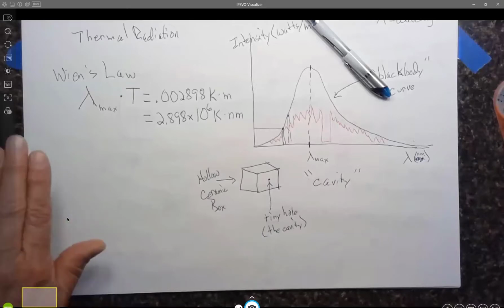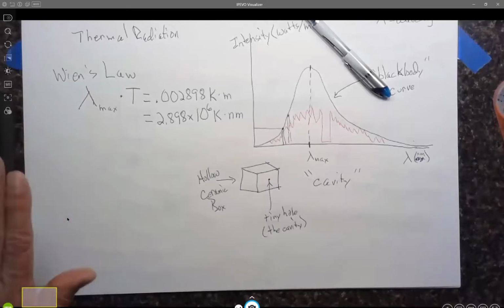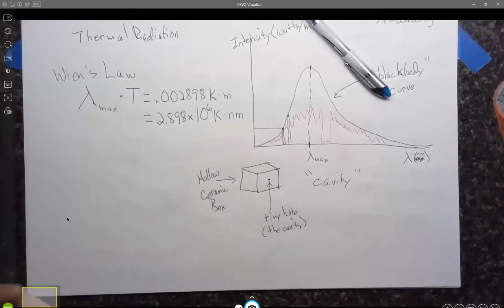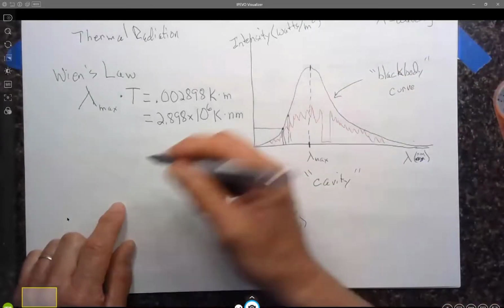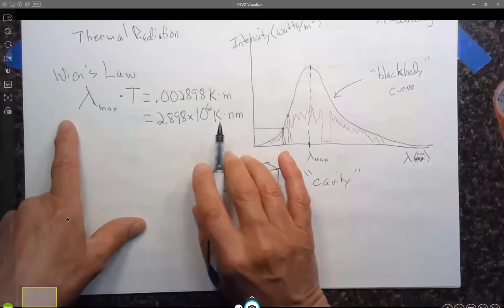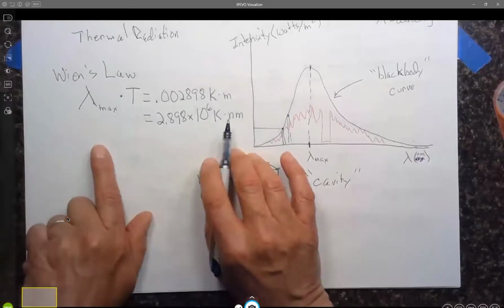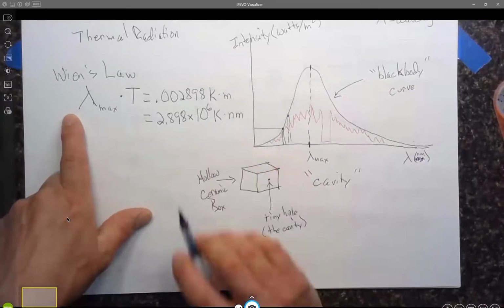Of course, you can touch them and actually feel it even better, but you don't even have to touch them. You can just put your hand near them and feel that higher radiation coming off of them, which actually has to do with another law. But this is Wien's Law, and we'll do some things here shortly where we'll take advantage of this.